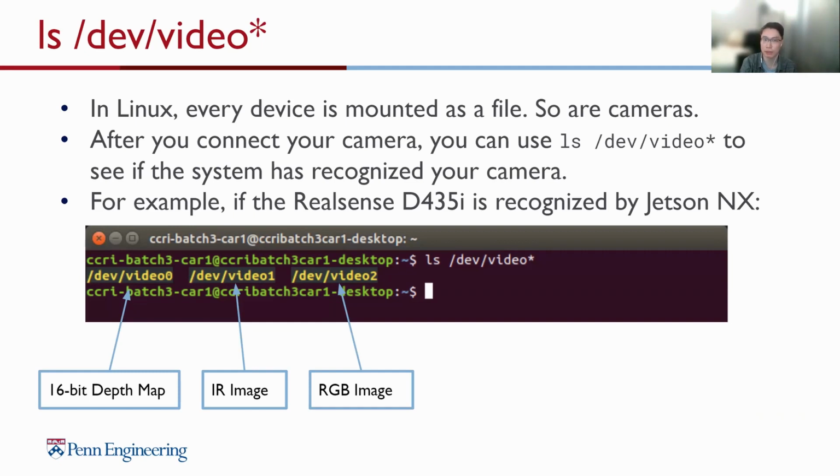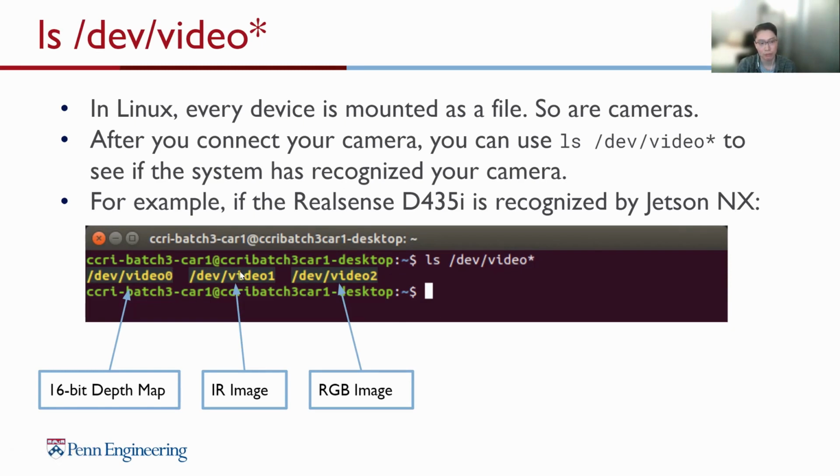If the driver is recognized, then it will be mounted as a file. So after you connect your camera, you can use ls to see whether your system has recognized your camera or not.